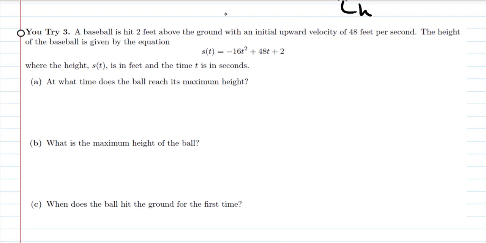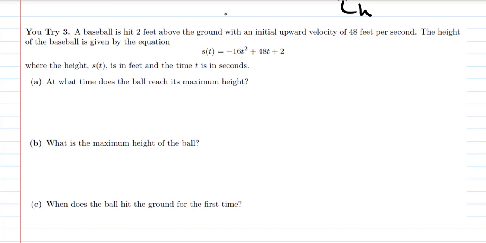So it says a baseball is hit 2 feet above the ground with an initial upward velocity of 48 feet per second. The height of the baseball is given by this equation, where the height s of t is in feet and the time t is in seconds. So we're asked, A, at what time does the ball reach its maximum height? B, what is the maximum height of the ball? And C, when does the ball hit the ground for the first time?